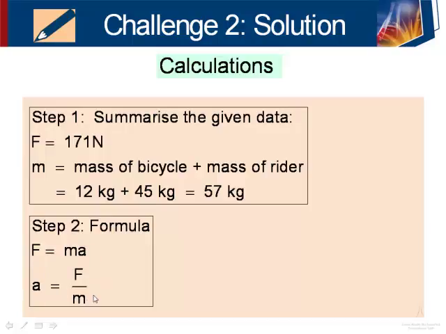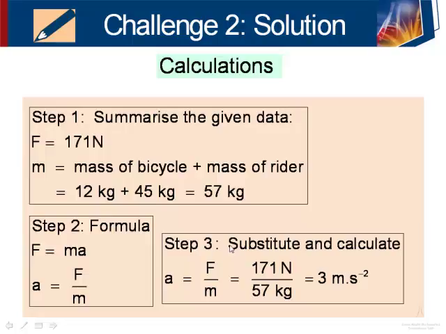So we divide the left hand and right hand side of the equation by mass: force divided by mass, and mass times acceleration divided by mass. The mass would therefore cancel, and we'd have acceleration equals force divided by mass.